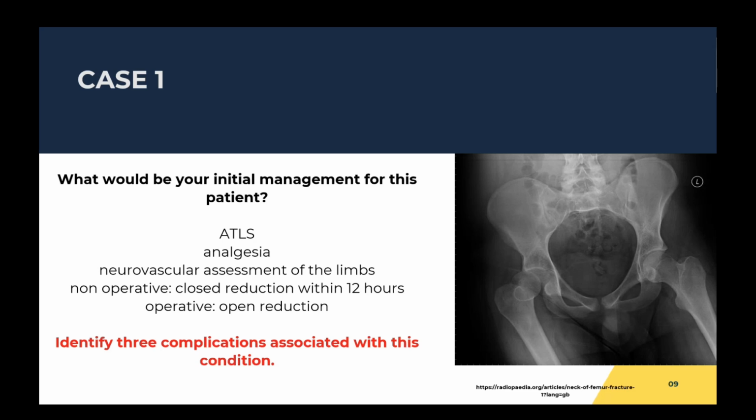Yeah, so the first thing you would do is ATLS, and then you would make sure that they're given enough analgesia. You could do a neurovascular assessment of the limbs, and you could do a closed reduction within 12 hours, or you can operate on them and do an open reduction. Okay.